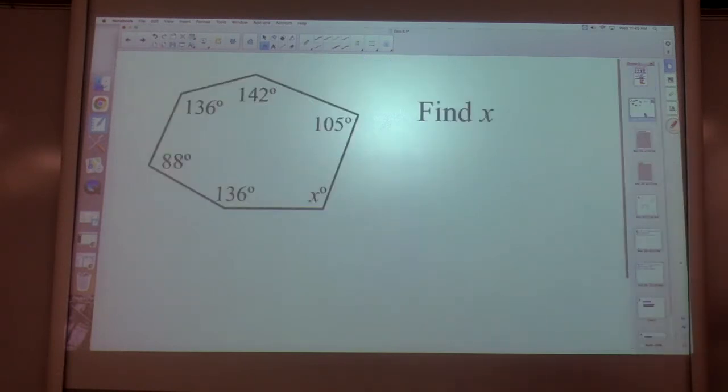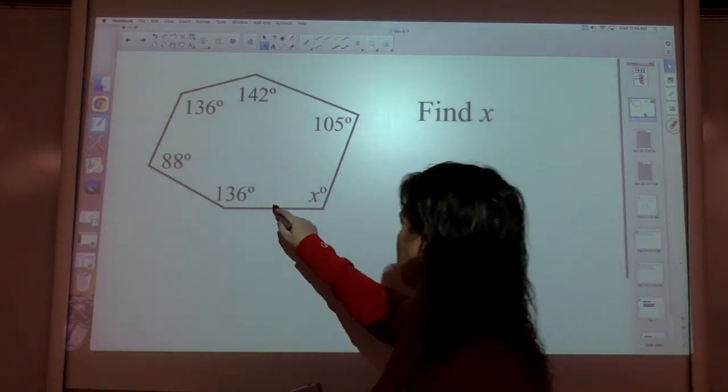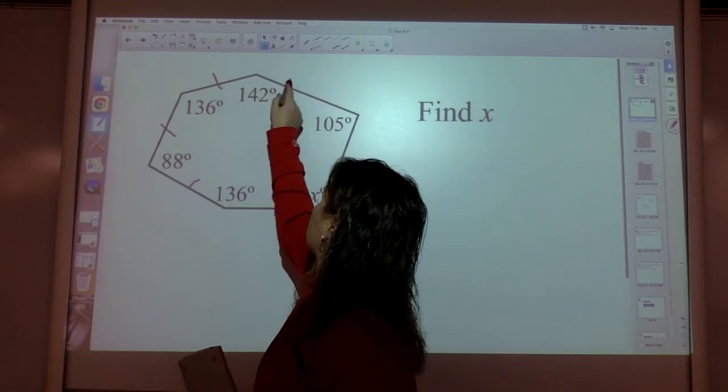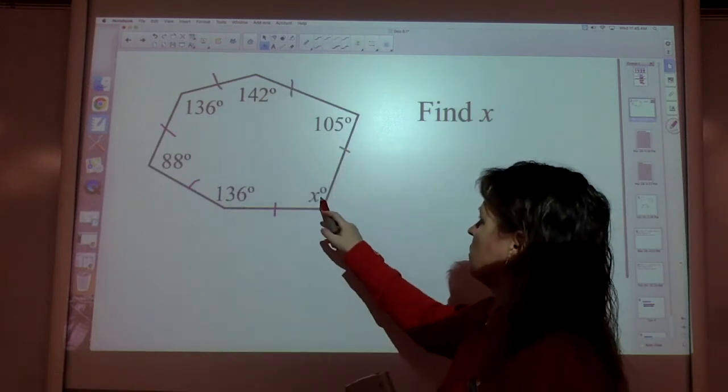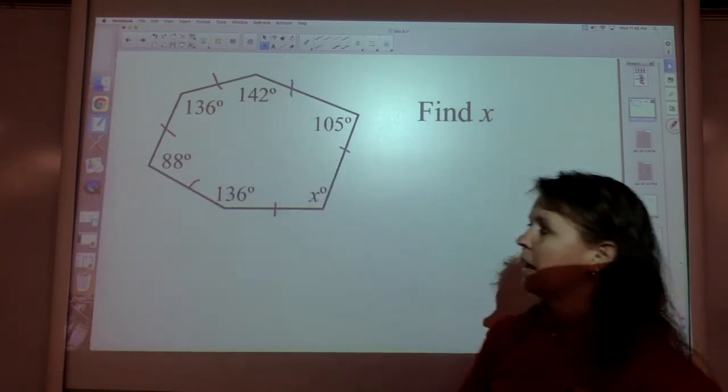Next up, what if we knew all of the angles of that polygon except one? We needed to find x. First, we have to find out how many degrees there are total. So we'll start with 1, 2, 3, 4, 5. There's 6 sides, which also means there's 1, 2, 3, 4, 5, 6 angles.